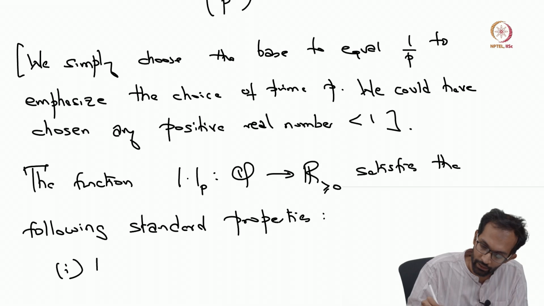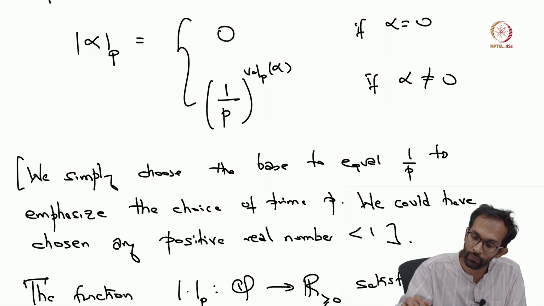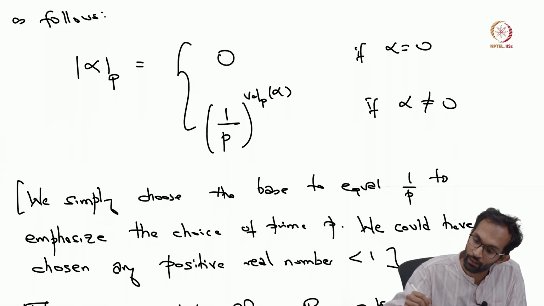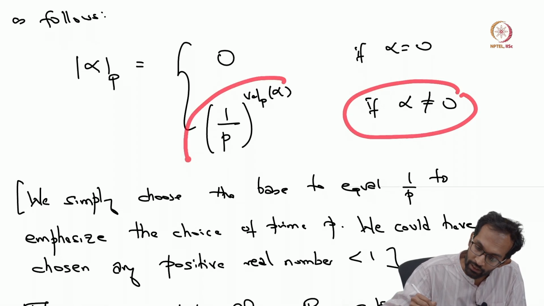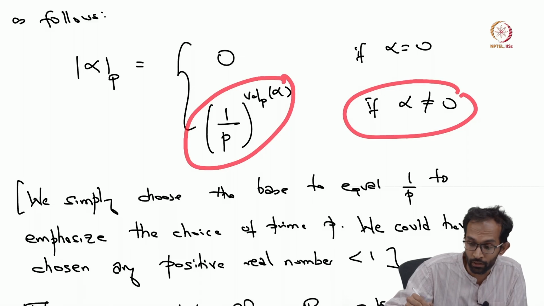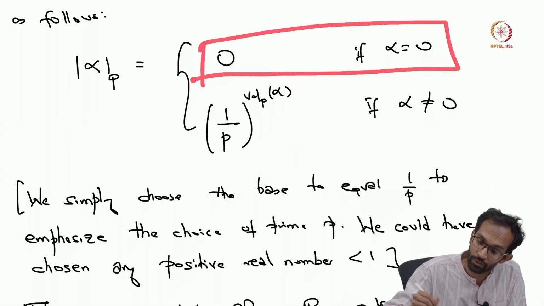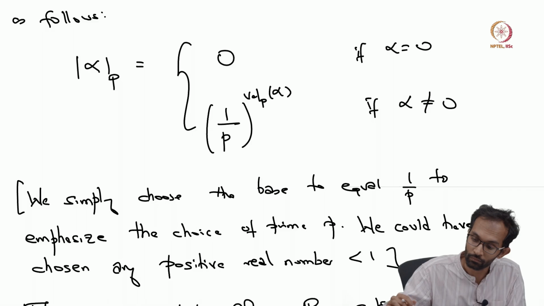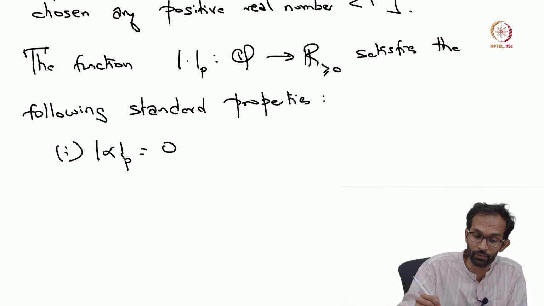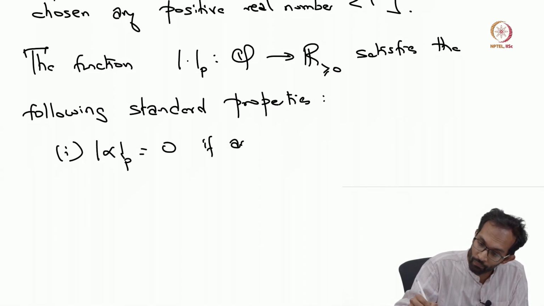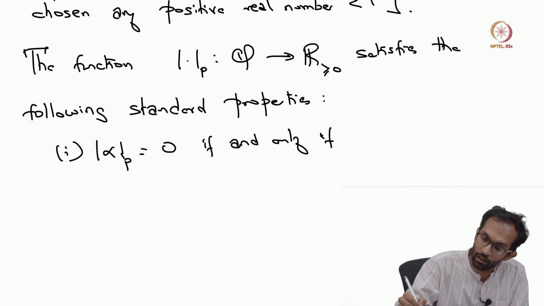So one is that, when would this p-adic absolute value be 0? Well, you can see that if alpha is not 0, then this expression 1 over p raised to this exponent, where this exponent belongs to the integers, is never 0. So the p-adic absolute value is 0 if and only if alpha equals 0.